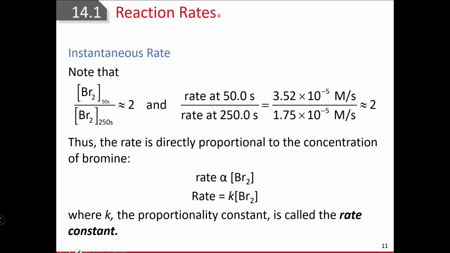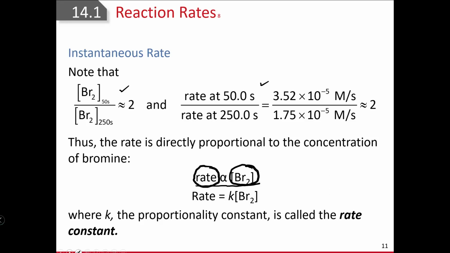All right, so if we look at average, or we look at instantaneous, or we look at two different times, and we get our instantaneous rate, we see that rate is proportional to the concentration of the bromine. The higher the concentration of the bromine, the higher the rate.